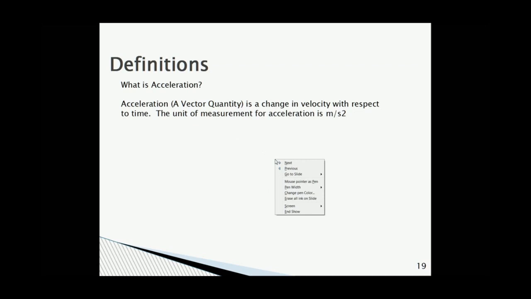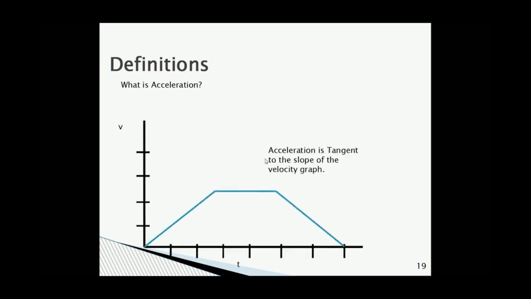Okay, let's go ahead and look at acceleration graphically. Here we have a velocity versus time graph. Now, acceleration is tangent, just like velocity, and velocity is tangent to the slope of displacement, and displacement is tangent to the slope of the position graph. Acceleration is tangent to the slope of the velocity graph.